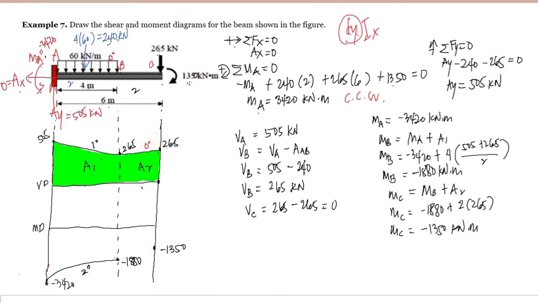Since the shear is degree 0, we are expecting degree 1 here, so this is just a line. We connect the 1,880 to 1,350 using a line. And this will be closed by the moment of 1,350, so plus 1,350, meaning the moment at C will be equal to 0. And this is our moment diagram.